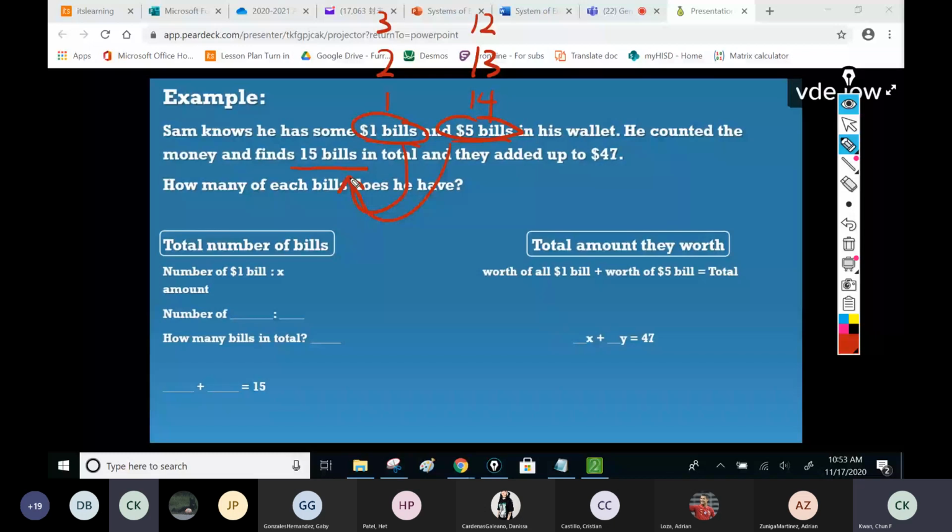And then the value of the bills. The total value will add up to $47. We don't know exactly how many $1 bills he has, and you don't even know how many $5 bills he has. It could be one, could be two, you don't know. The total value will add up to $47.